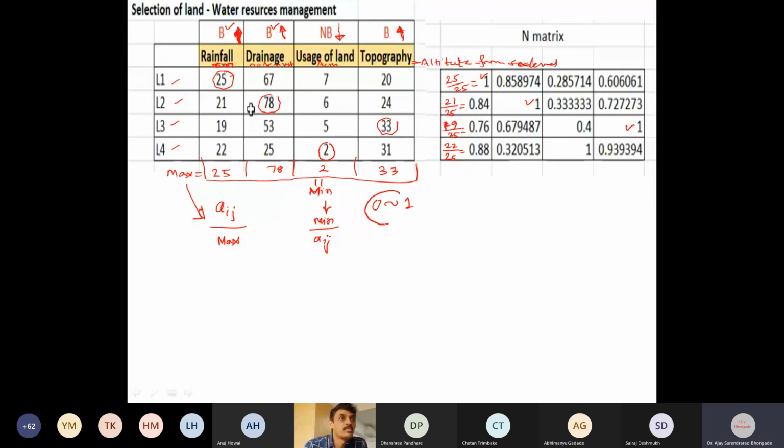Every element should fall between 0 to 1. Then only can we compare, because everybody's score is adjusted between 0 to 1.